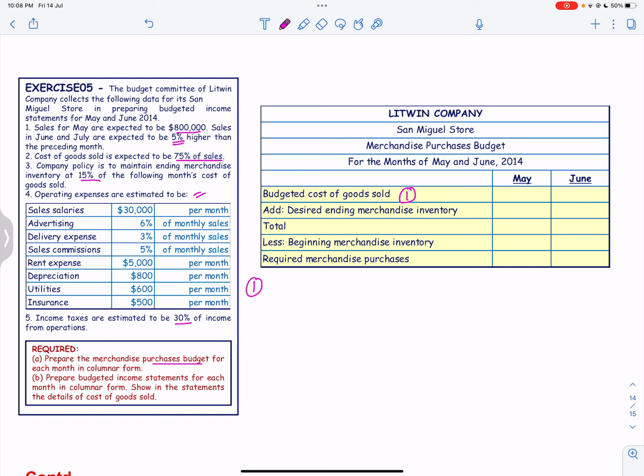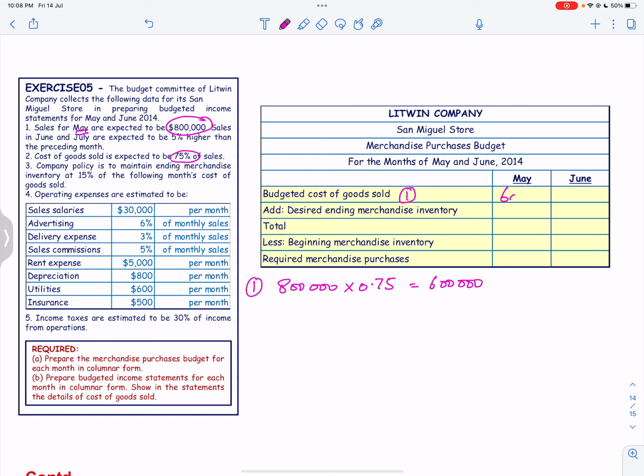Now the sales is 800,000, and this was for the month of May. So we have 800,000, and from this we are going to have 75% of sales. So 75% will be 600,000.